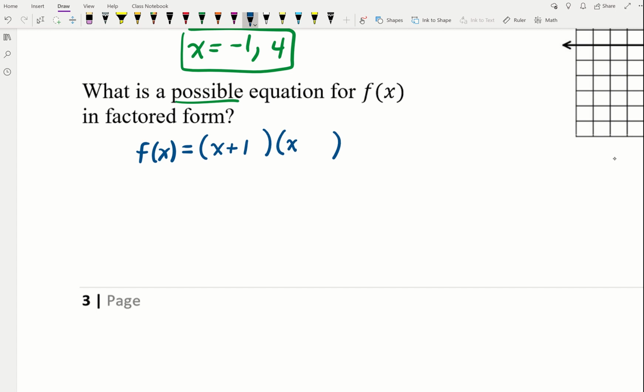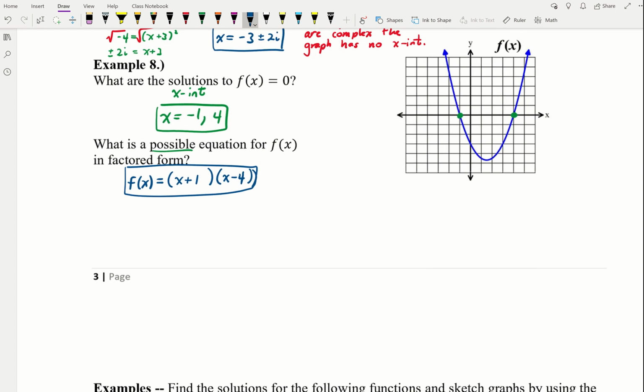Well, that's going to be x minus 4. There's always going to be that relationship between factors and solutions. So if my solution is negative 1, my factor would have to be x plus 1. Hopefully that makes sense. If not, just come and see me for help and I'll do my best to explain it.